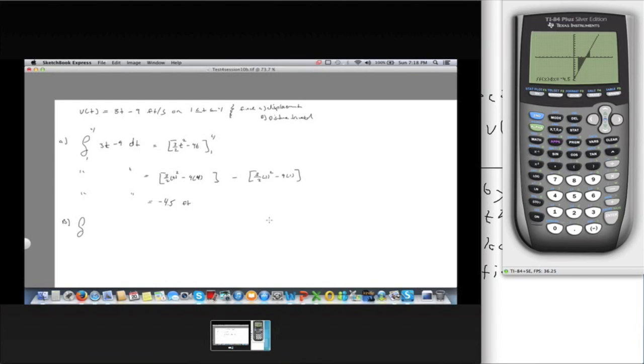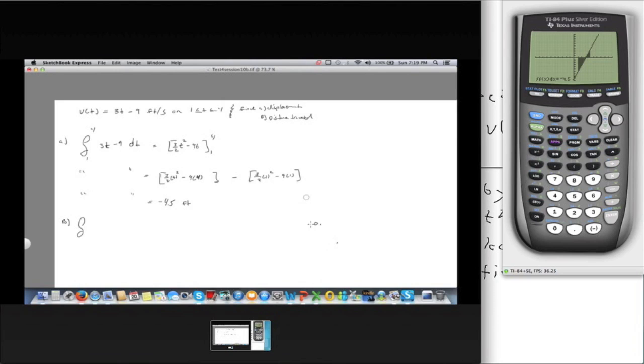The velocity of an object is given by some function on some time interval. Find the displacement and find the distance traveled by the particle during the time interval. So if it displaced negative 4.5 feet... Oh yeah, this one we should work on together a bit.